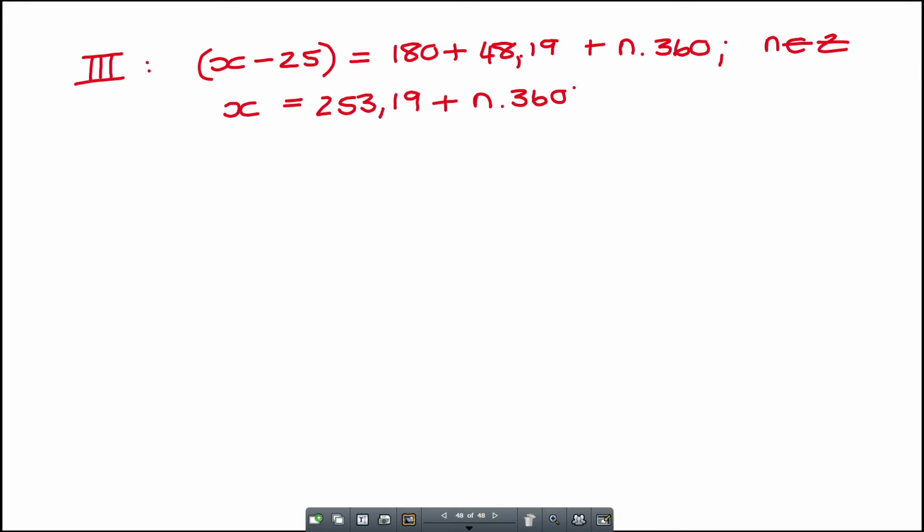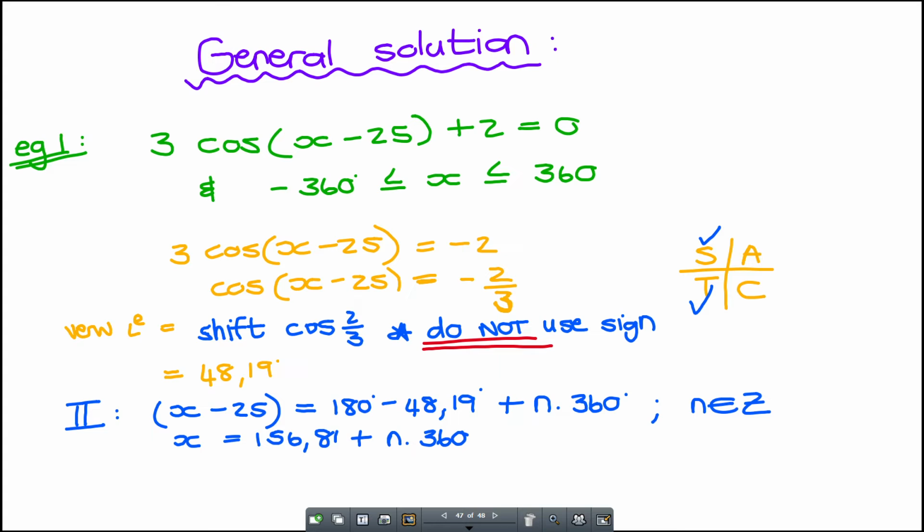Okay, so those are my two quadrants, nee? Nou wil ek gaan kyk na my beperking. Restriction here said that my x value must be anything between negative 360 and positive 360, nee?